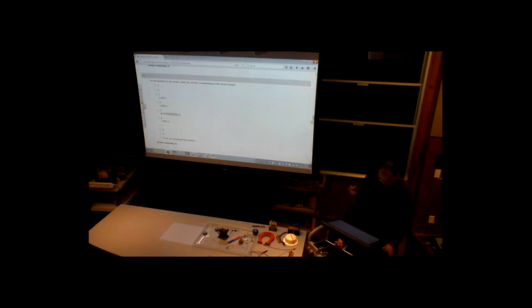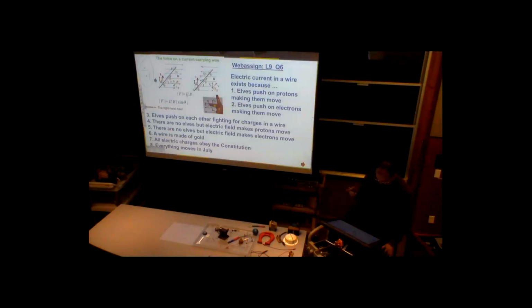So 3, 4, 5, 6. 3. No. 4. Protons never move. Electrons move.